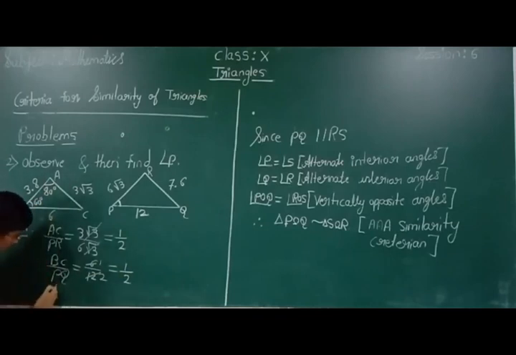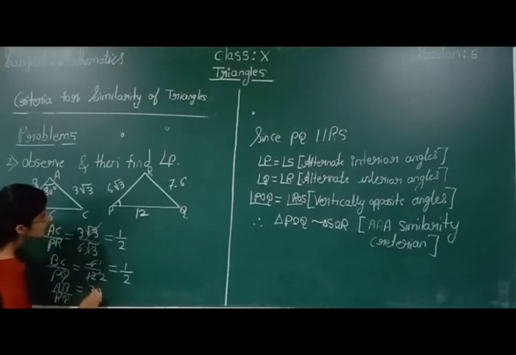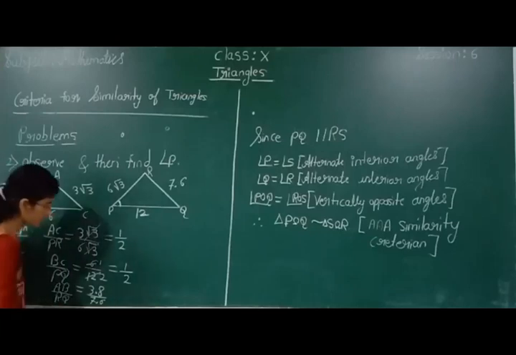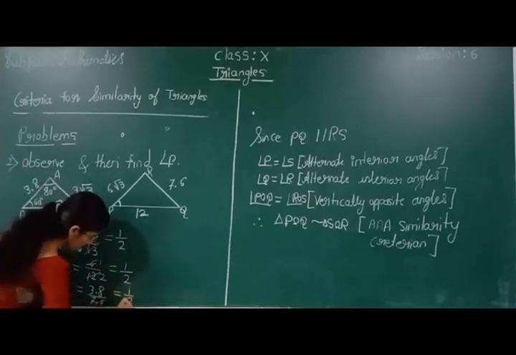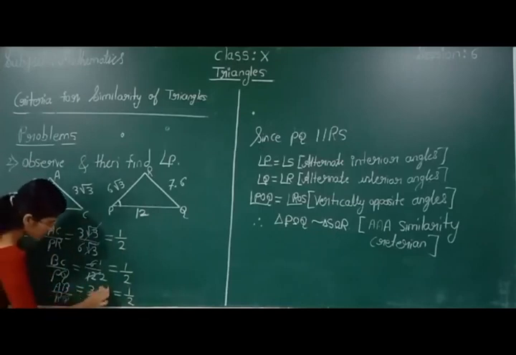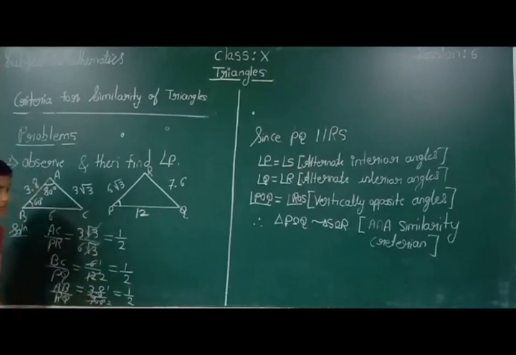Now we will check AB by RP. AB is 3.8 and this will come here 7.6. If we take the ratio, it will also come 1 by 2. 3.8 ones are 3.8, twos are 7.6 here.